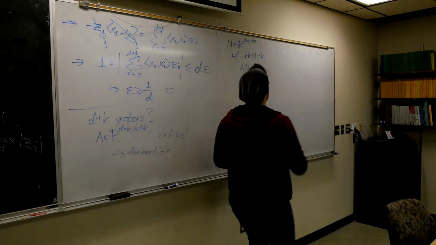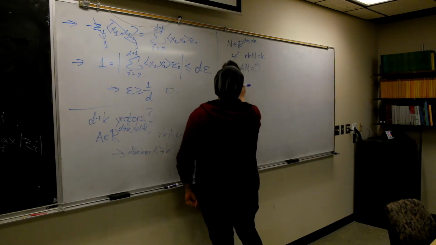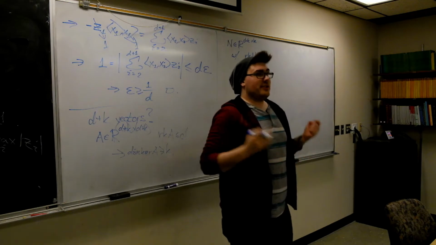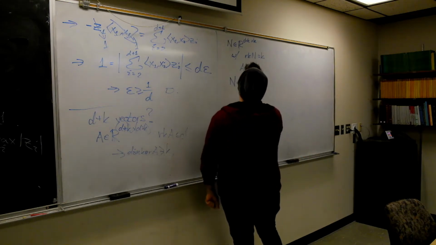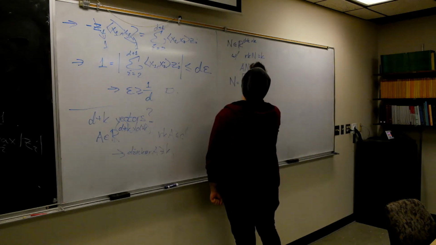So let's write down a linear combination in the correct way. Namely, instead of looking at the columns, let's look at the rows. And this is the trick. I'm going to label the rows as y1 through y_{d+k}.